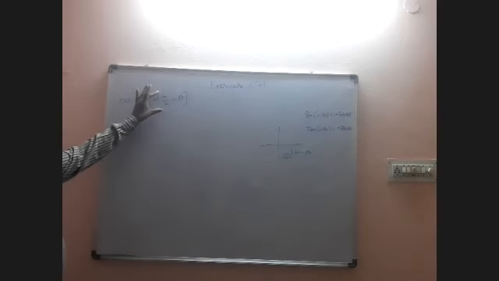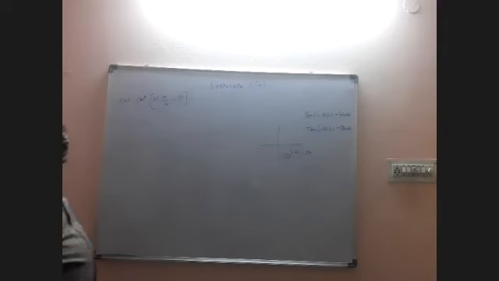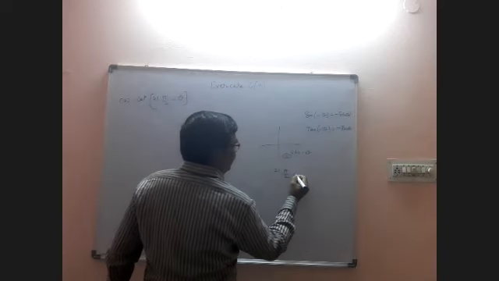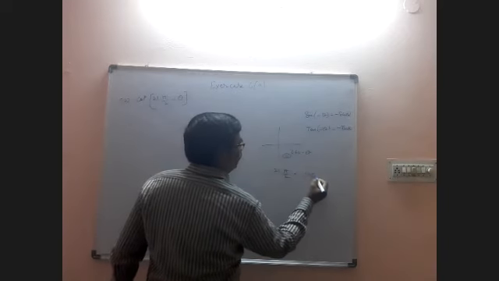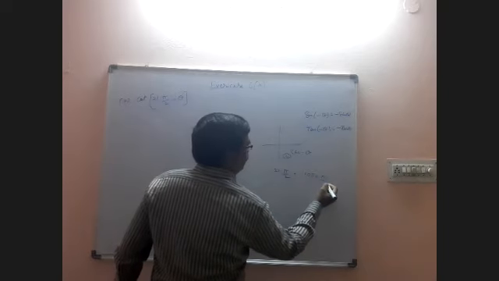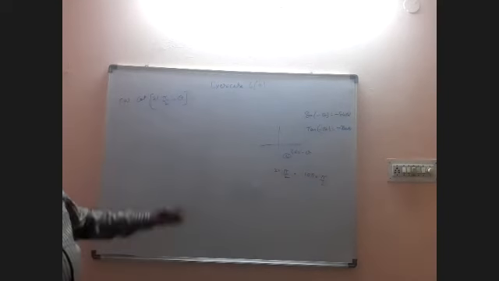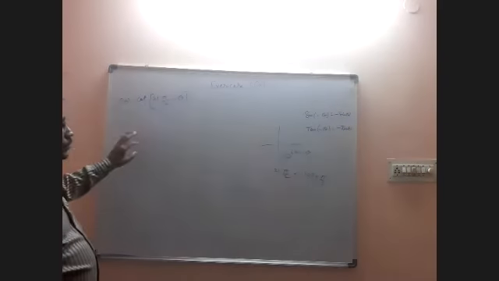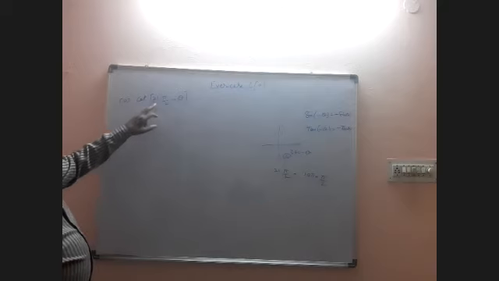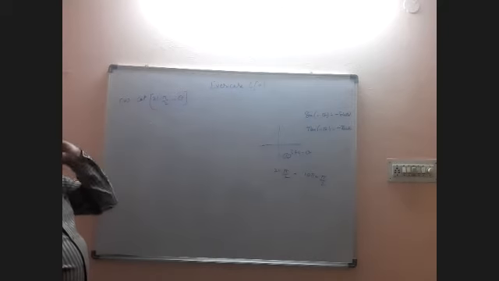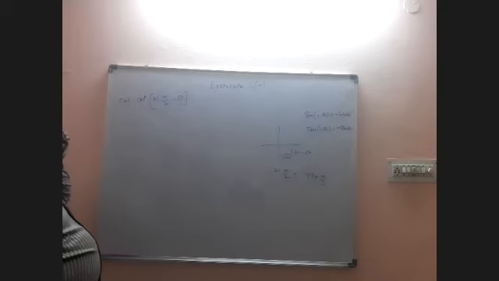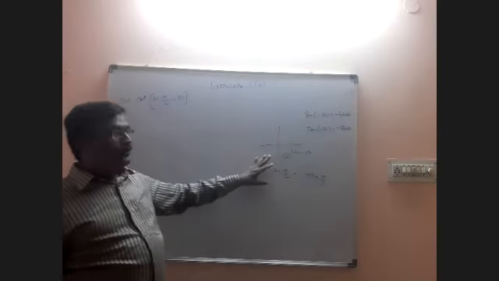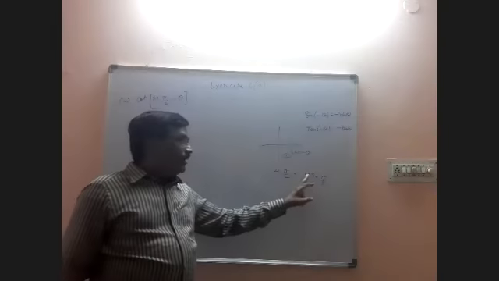Here, this 21 pi by 2 we can write as 10 pi plus pi by 2.